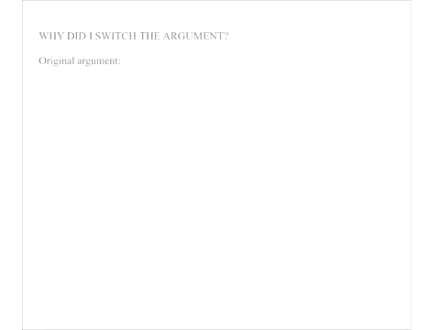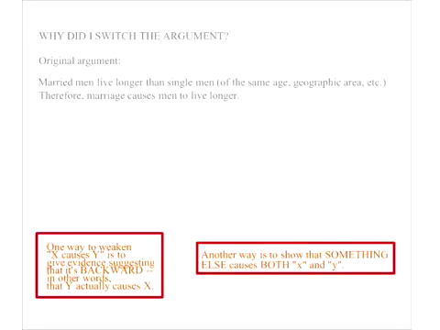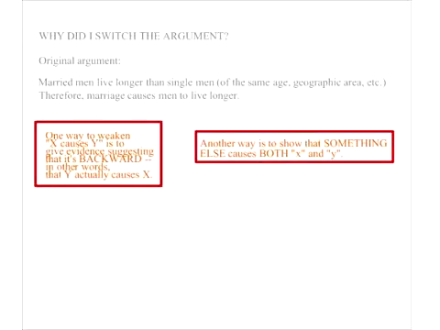The original argument was that married men live longer than single men of the same age, geographic area, etc. Therefore, marriage causes men to live longer. And here are our forms of weakeners. So this would still work. Like this one on the right over here, you can still do this.